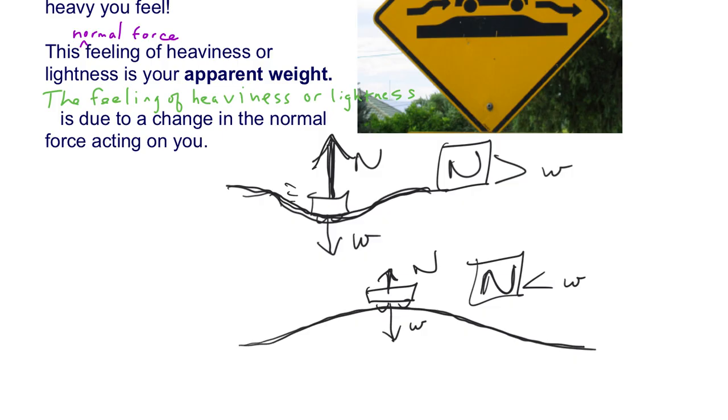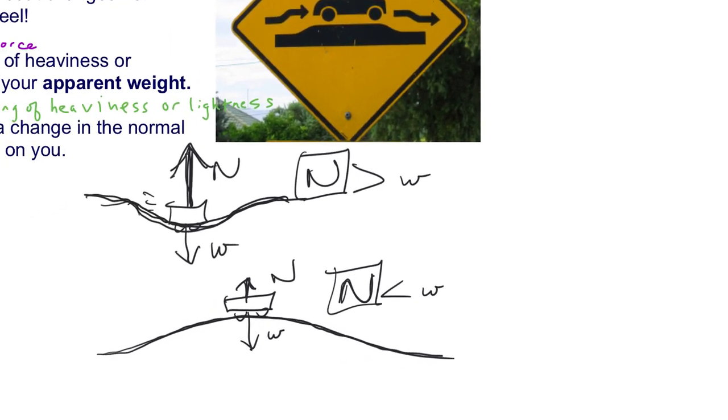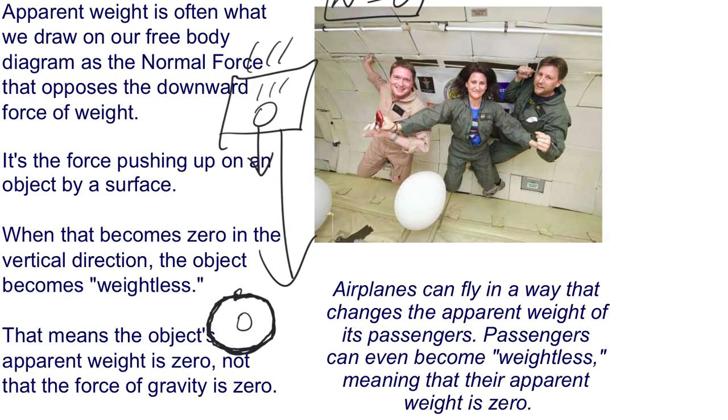Okay, so this change in the normal force, this change in what you feel like you weigh, is going to be part of the explanation of vertical circles and centrifugal force. Okay, so these astronauts right here, or pilots, are training for that feeling of weightlessness that you get if you were orbiting the Earth. So how come they do not?